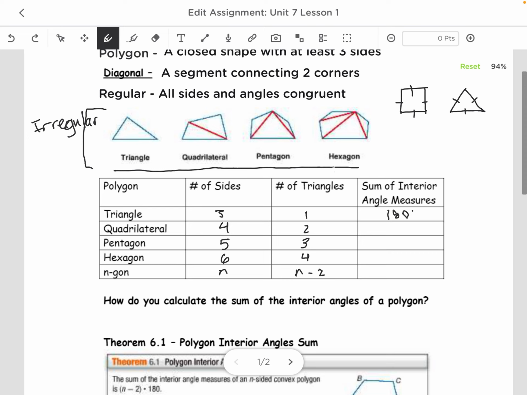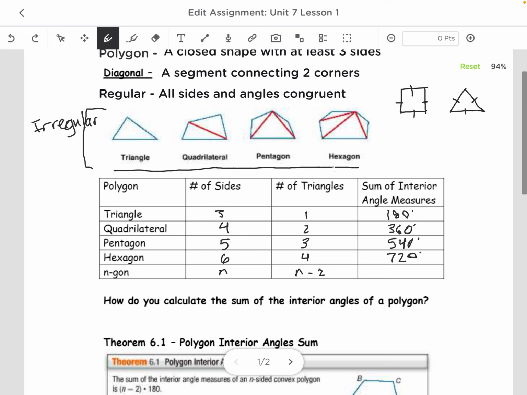And every quadrilateral has 360 degrees. Pentagons have 540. Hexagons have 720 degrees. And a hypothetical n-gon has a pattern to it.